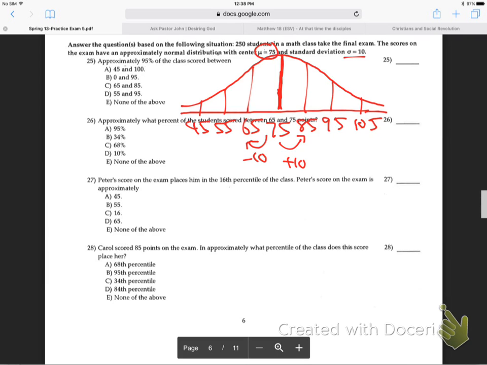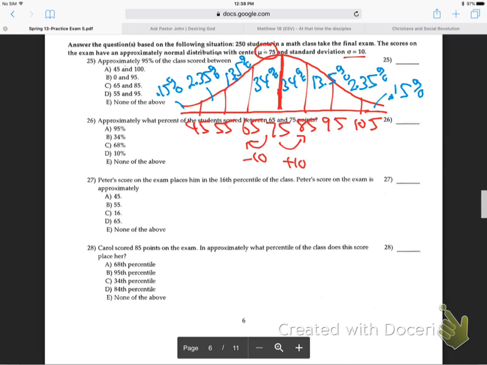And now the percentages are always the same, aren't they? 34%, 34%, 13.5%, 13.5%, 2.35%, and 0.15%, 0.15%.